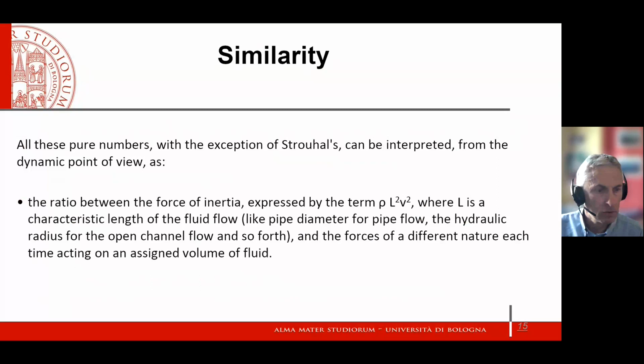So we put at the numerator the force of inertia, rho L square V square, so fluid mass, characteristic length of the fluid flow, and velocity of the flow.